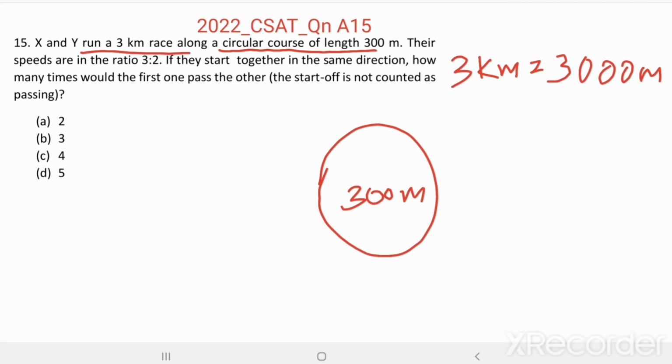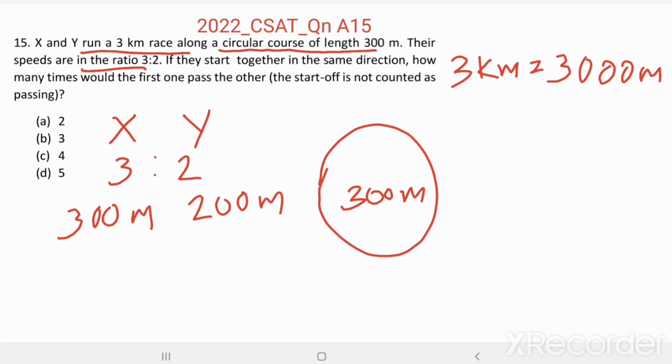Their speeds are in the ratio 3:2. Speed of X and Y are in the ratio 3:2. That means when X runs 300 meter, Y runs 200 meter. If they start together in the same direction, how many times would the first one pass the other?